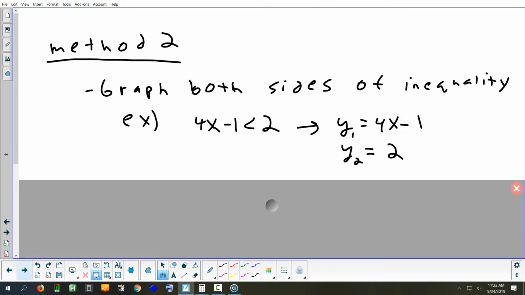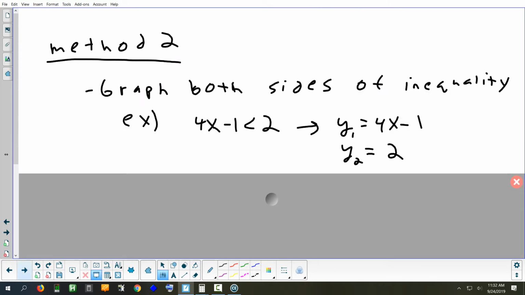Now, method 2, for solving the inequality, you don't have to rearrange anything first. You just leave it the way it is. Put what's on one side in y1, put what's on the other side in y2. And in this case, you're looking for where the graph in y1 is less than the graph in y2. Less than means under. Where is it underneath it?